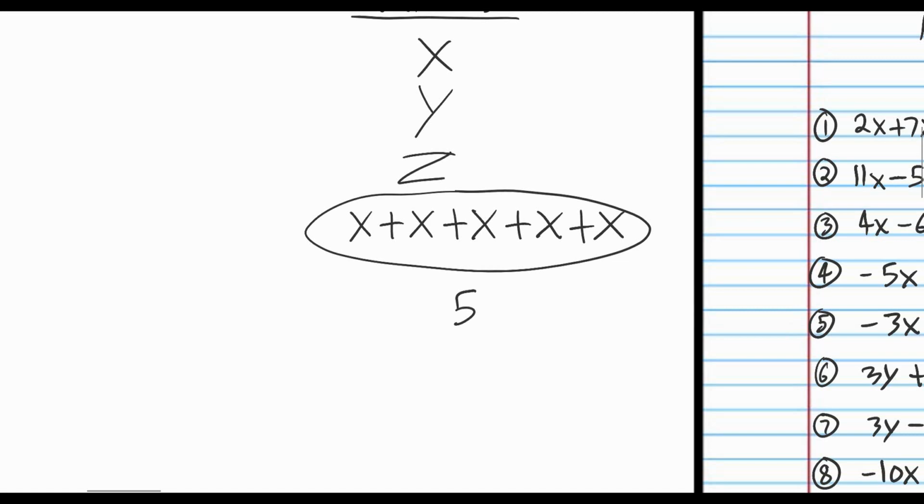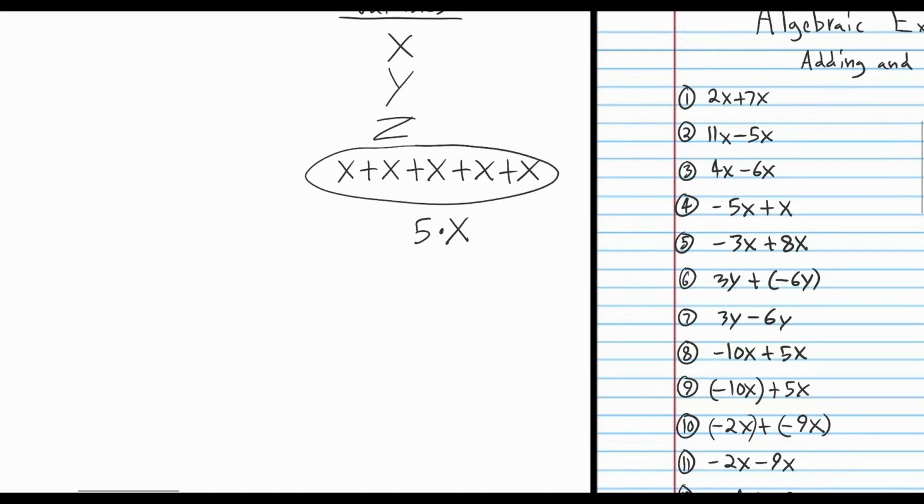So they write 5 times x, and we're using a dot for multiplication. But mathematicians use a more condensed form, and they write 5x, and they get rid of that dot. So whenever you see a number next to a letter, it means you're multiplying the number by the letter.